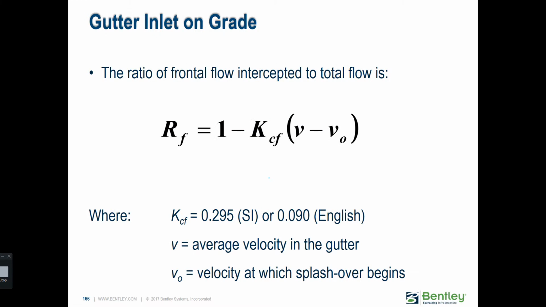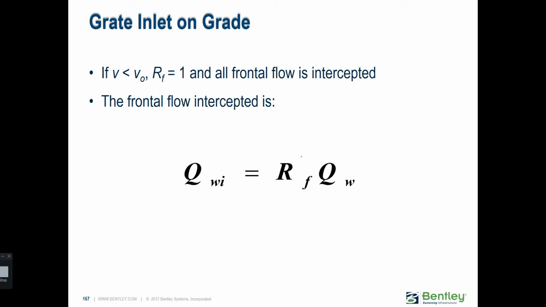Some of these numbers we give you just so that you can understand what it is that we're reporting in the software. Here are some of the equations. I'm not going to go into much detail because they're very self-explanatory. They have the variables, but this is how we figure out the flows in each of the inlet types.